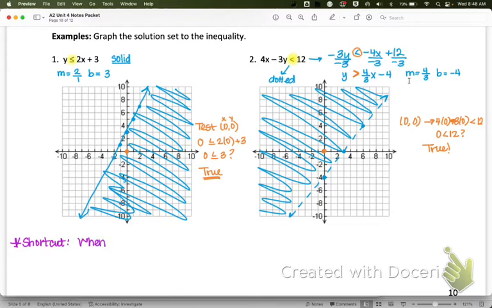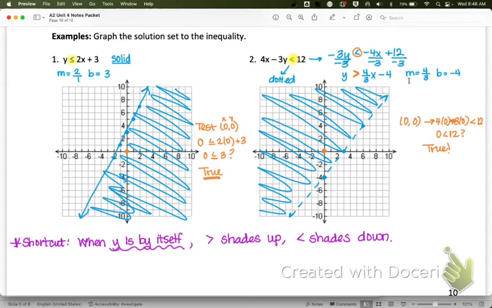When y is by itself, so once you have solved the equation for y, greater than shades up and less than shades down. But again, that's only true if you have solved for y.